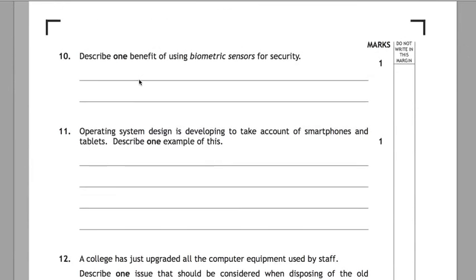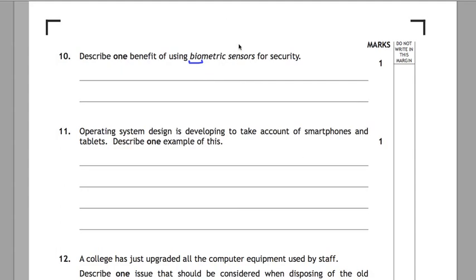Right, biometrics. Now, this is when bio comes from like biology. So instead of usernames and passwords, which folk can steal and try and guess, this is you using physical features of each person to actually identify them.